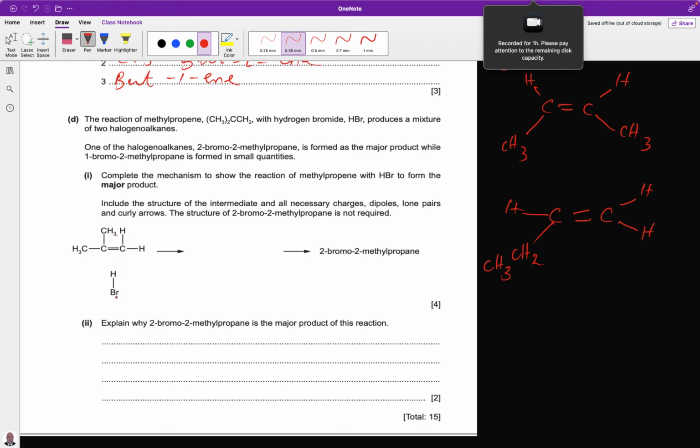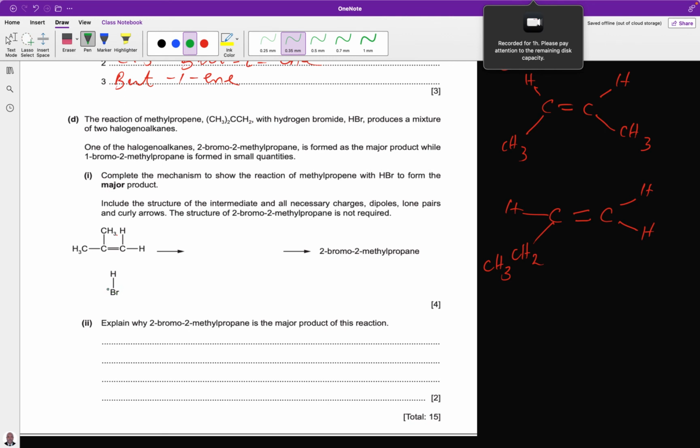So now, the reaction of alkene. This is a reaction of hydrogen bromide with an unsymmetrical alkene. This is an unsymmetrical alkene, and in this case, this is what you are going to find. The first thing you are supposed to do here is to show the polarity of the hydrogen bromide.